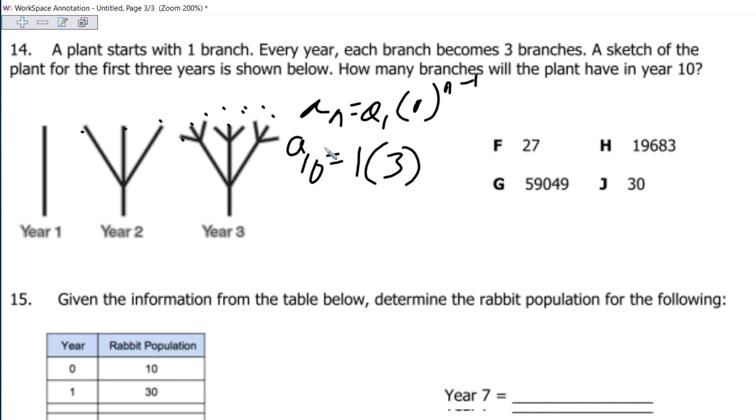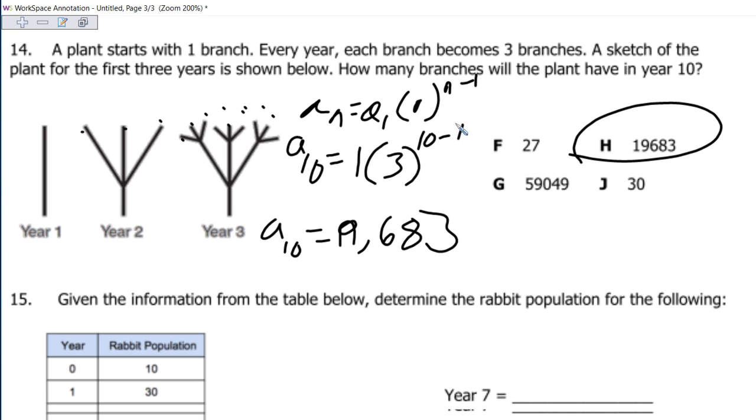And then it's talking about 10 years down the road, so 10 minus 1. So 10 minus 1 is 9. 3 raised to the 9th power will give us A sub 10 equals 19,683 branches. So there we have it.